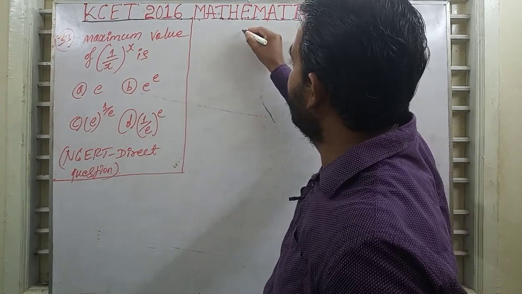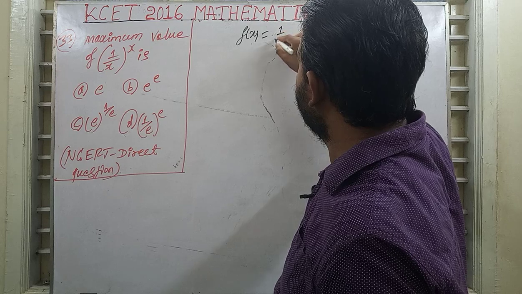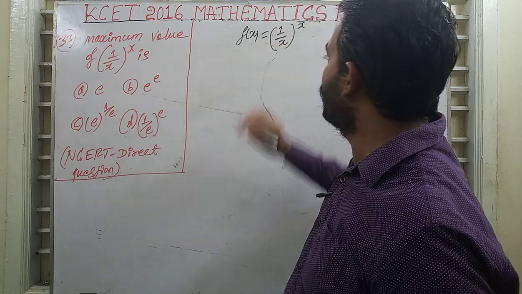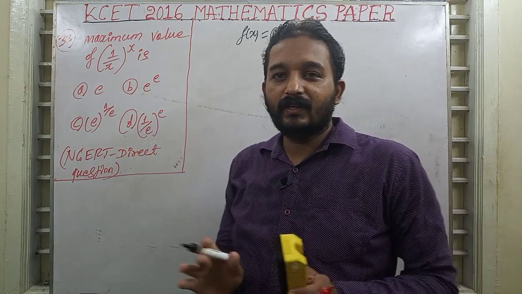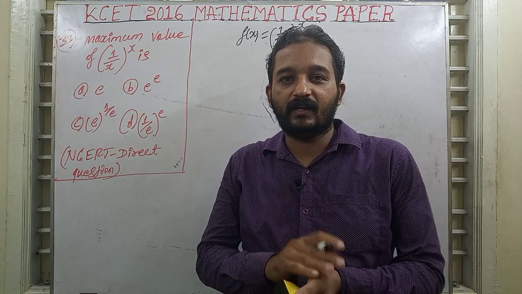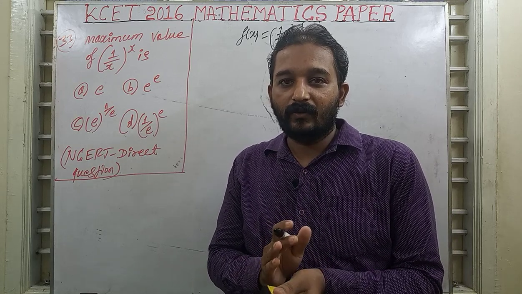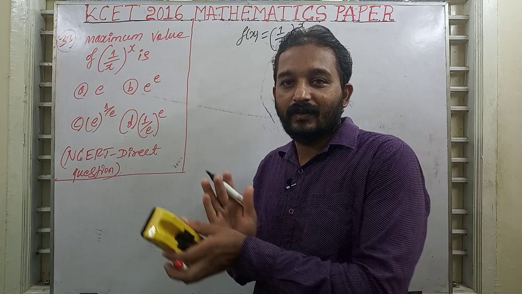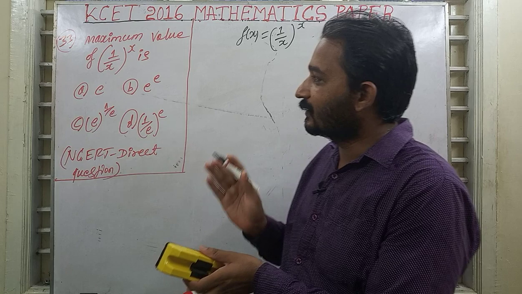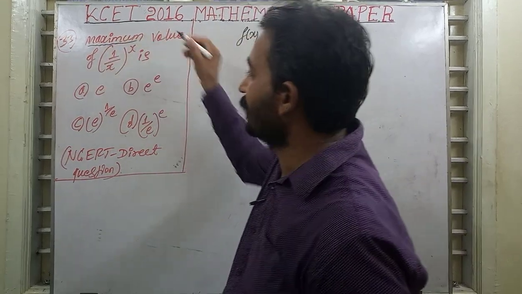So let us take first f of x is equal to 1 by x to the power of x. This is the function, so find the maximum value of this function. Usually we find the maximum value of any function by using the first order derivative test or second order derivative test. I am not going to solve this question by using the first or second derivative test, because the question says find the maximum value.